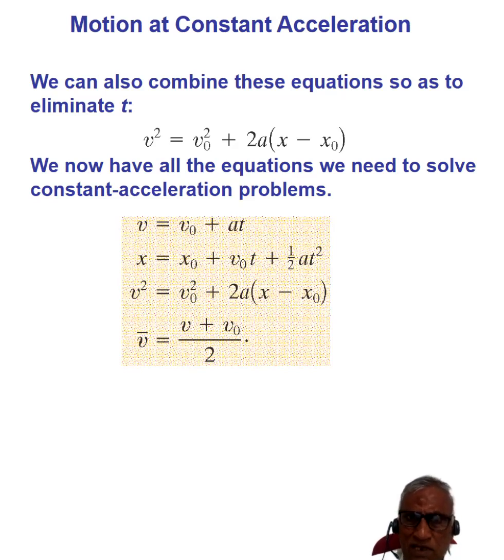Maybe we will look at the detailed derivation later. But these are the equations which you need to know to be able to solve the problems in kinematics of one-dimensional motion.